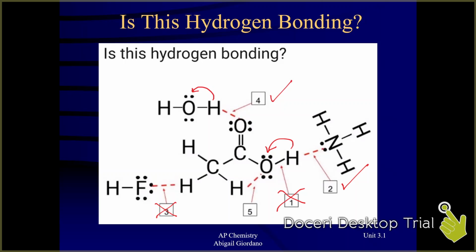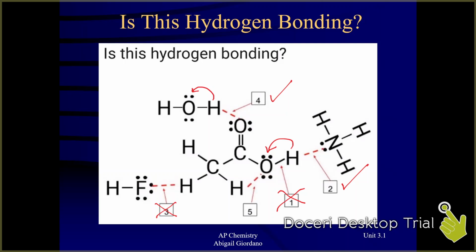Okay, last one down at the bottom, box number 5. Now, this is a little bit odd because the hydrogen and the oxygen shown with box number 5 are in fact part of the same molecule, but this is qualifying as an intermolecular force because it's not an actual covalent bond here. So it meets that requirement.